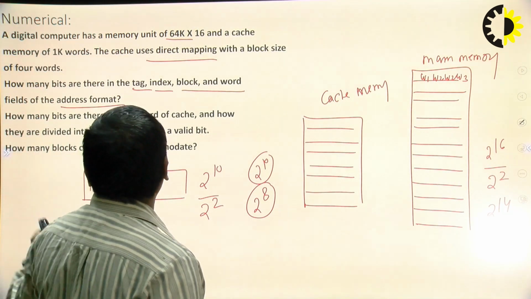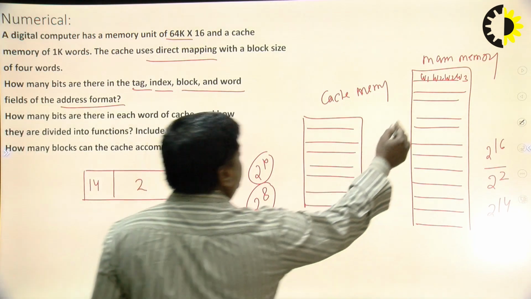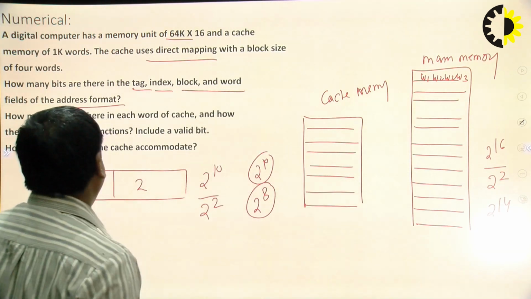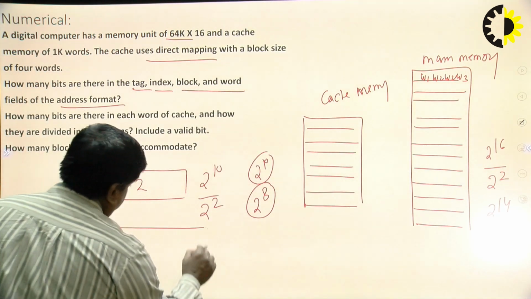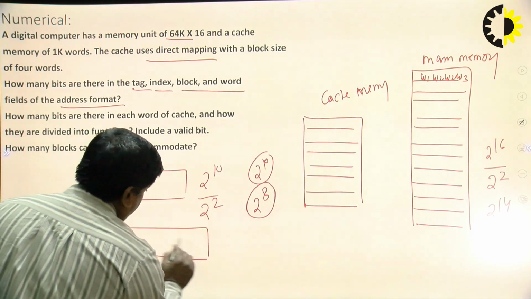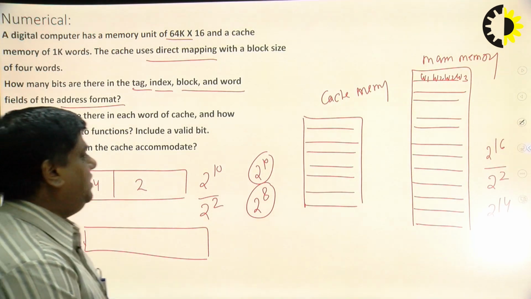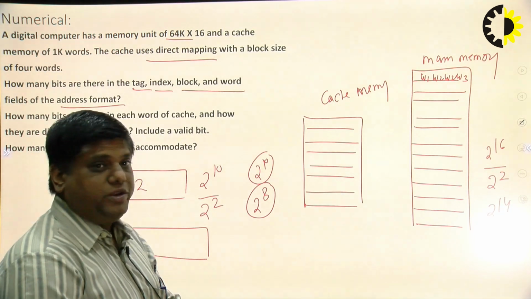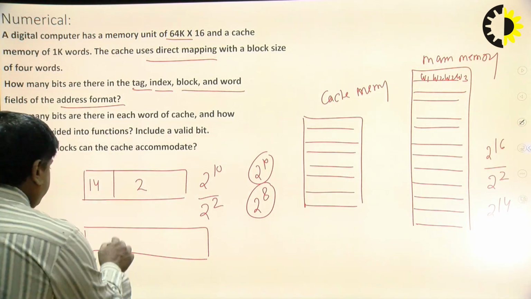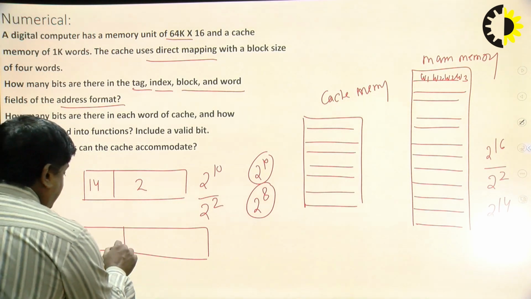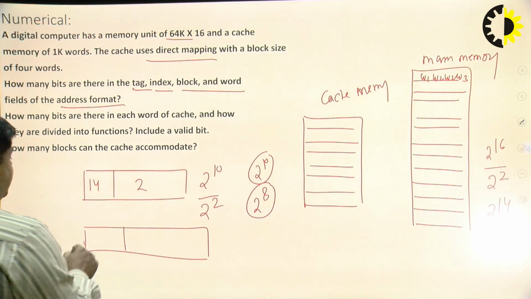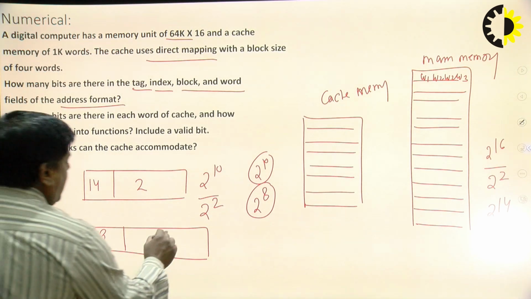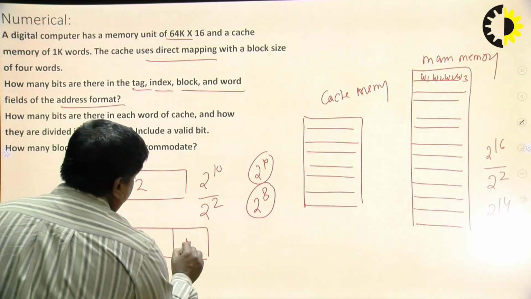Now this can be accumulated in the main memory. Then the number of blocks available in the cache memory is 2 to power 8. Then what is the size of the tag? 8 bits. And what is the size of the word?